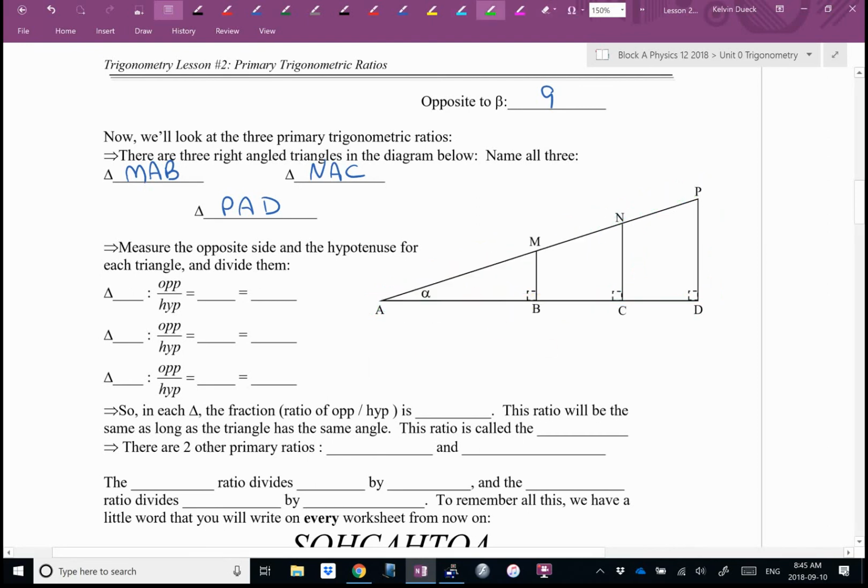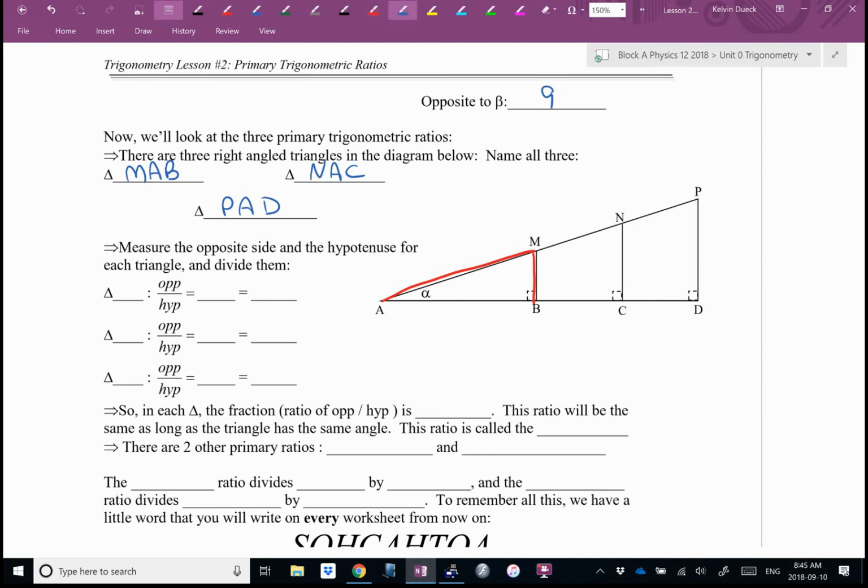Here is the key. We're not going to do this, but if I took a really, really accurate ruler and measured that length there, opposite, and that length there, hypotenuse, I would get a decimal if I divided them on my calculator.